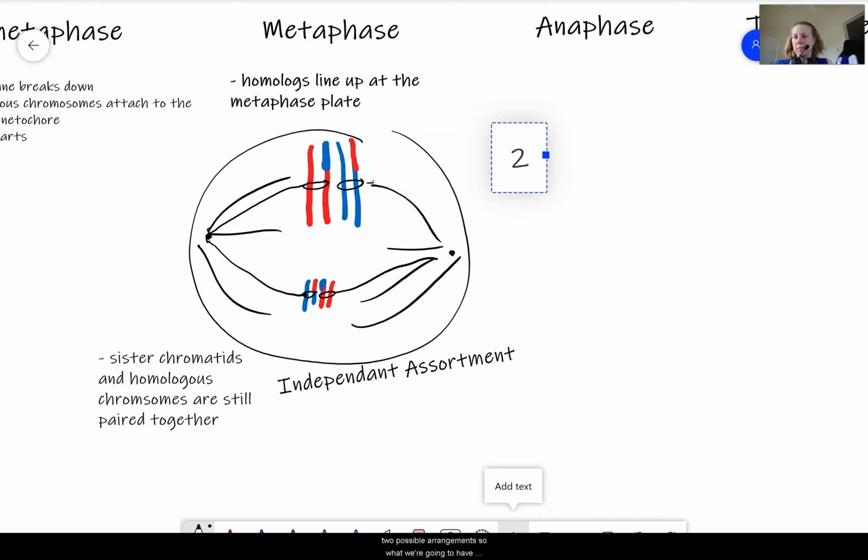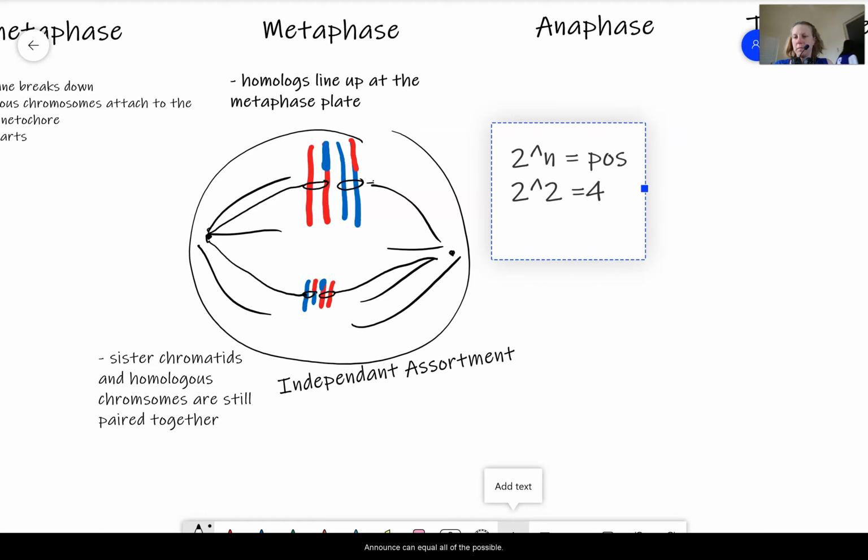So what we're going to have to do is take 2 and put it to the power of the number of chromosomes we have. So here it's 2 to the power of 2, or 2 squared. That's going to equal 4. So for this setup, we've got 4 possible arrangements. All right, so the general equation is 2 to the n, and that's going to equal all of the possible arrangements.